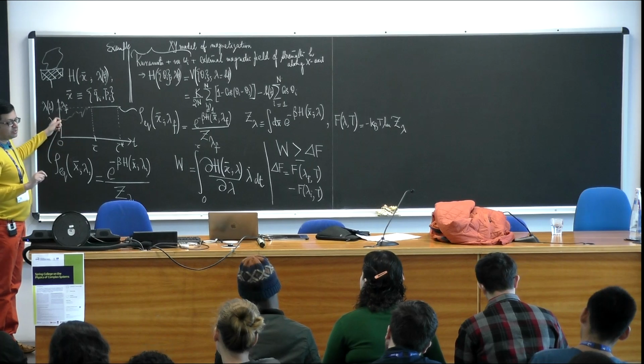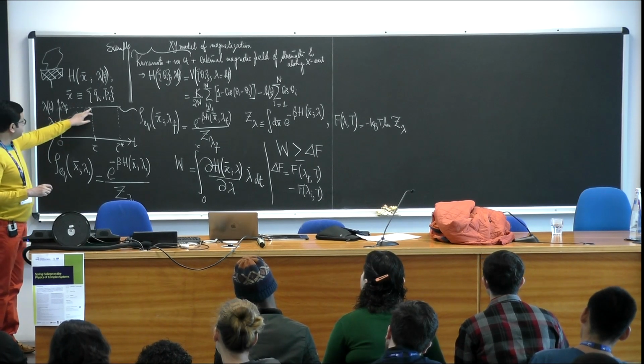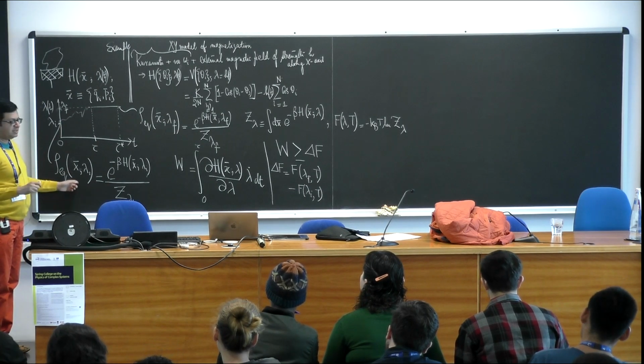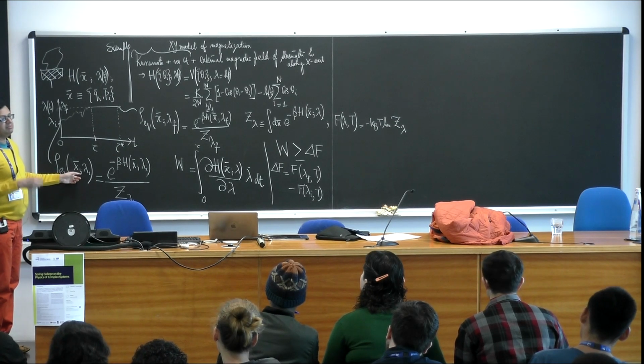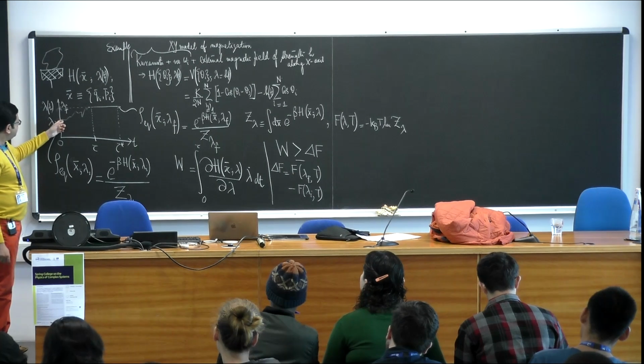You are not allowed to change the protocol of changing lambda. Okay? So this protocol remains the same, but every time your initial condition is different. It is still distributed according to this Gibbs-Boltzmann measure, but the precise state, the precise configuration, is different.